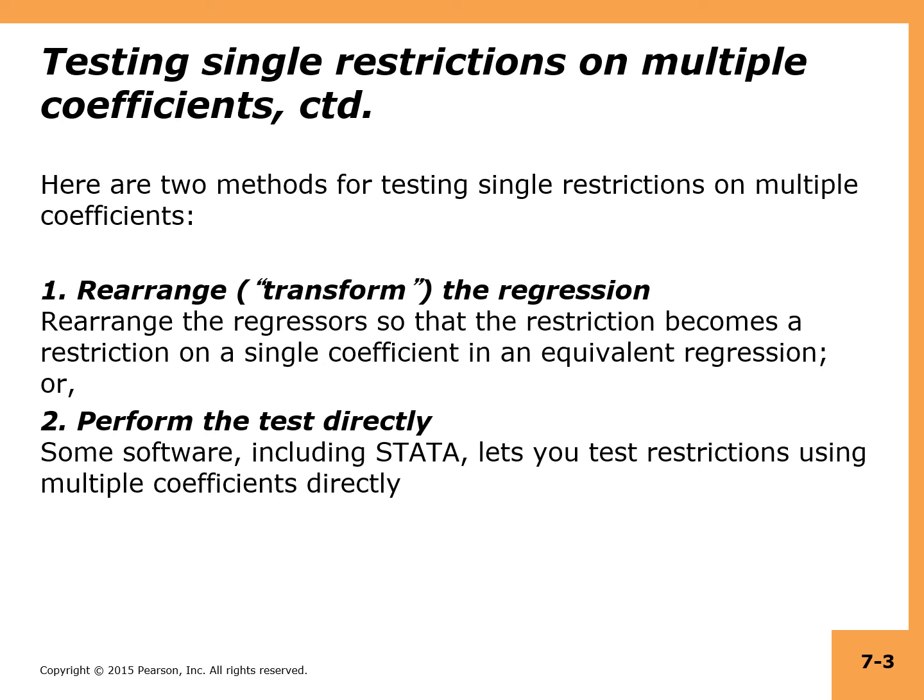There are two ways to conduct this hypothesis testing. First is to rearrange the regressors as if you're testing a single coefficient. And we're familiar with this. We know how to do a hypothesis testing when there's only a single coefficient involved. Another method is to just conduct the test directly on a software program.